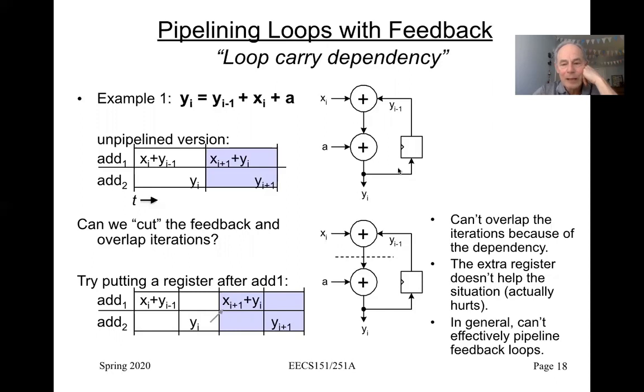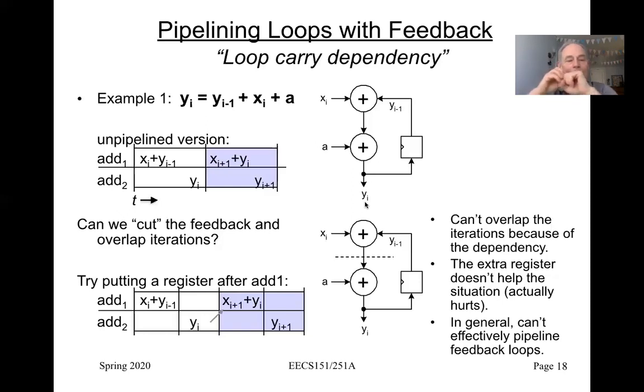So if we take y sub i and we put it into a register, what we see on the other side of the register is y sub i minus 1, right? Because on each clock cycle, we're basically just delaying y sub i by one clock cycle so that it can be presented along with x sub i. So when x sub i comes in, we have y sub i minus 1, which is the result from the last time around, sitting here. So those get added together, and then we can add a in, right down here, and that produces the new result. So we just keep clocking that, putting in new x, and get the new y's out.